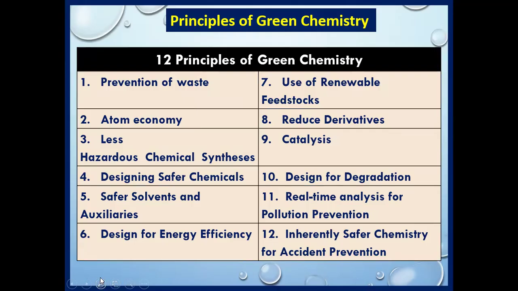Now, coming towards the principles of green chemistry, there are 12 principles on which green chemistry is based, which include prevention of waste, atom economy, less hazardous chemical synthesis, designing safer chemicals, safer solvents and auxiliaries, design for energy efficiency, use of renewable feedstock, reduce derivatives, catalysis, design for degradation, real-time analysis for pollution prevention, inherently safer chemistry for accident prevention.